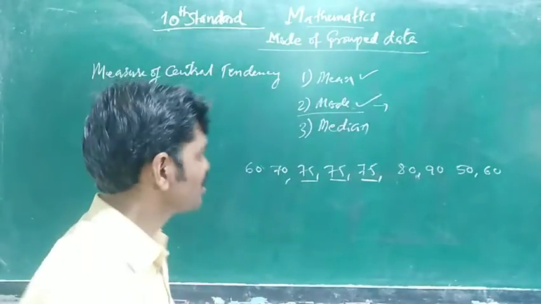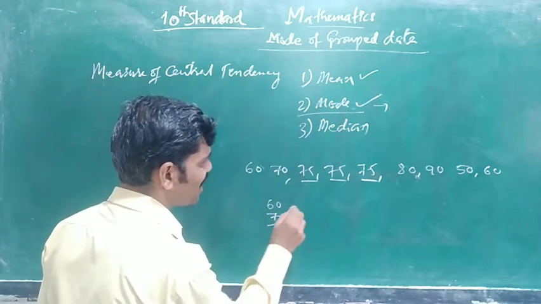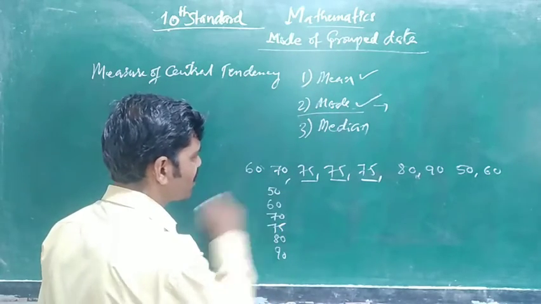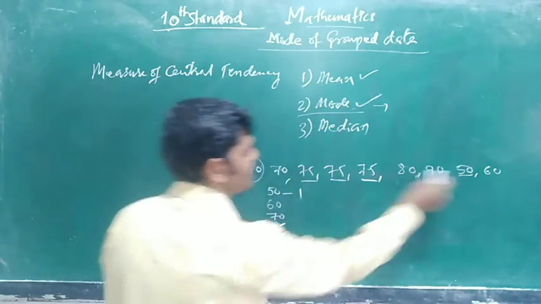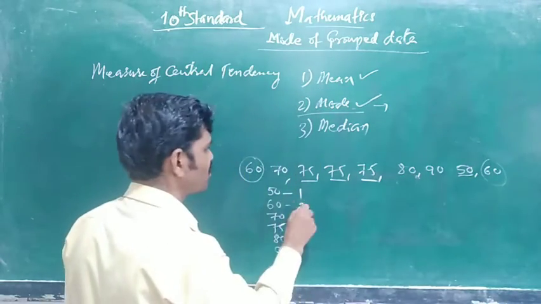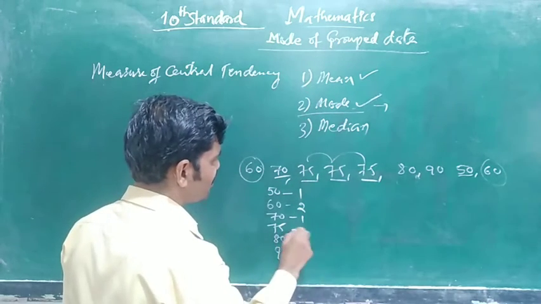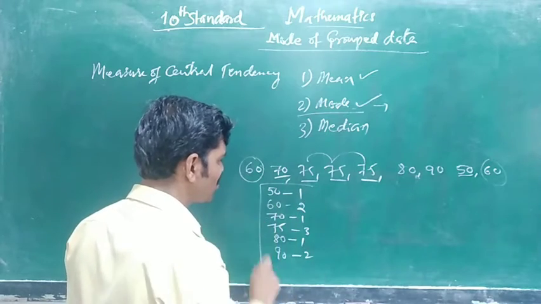For example, if we take 60, 70, 75, 80, 90, 50: 50 has repeated 1 time, 60 has repeated 2 times, 70 repeated 1 time, 75 repeated 3 times, 80 repeated 1 time, 90 repeated 1 time.